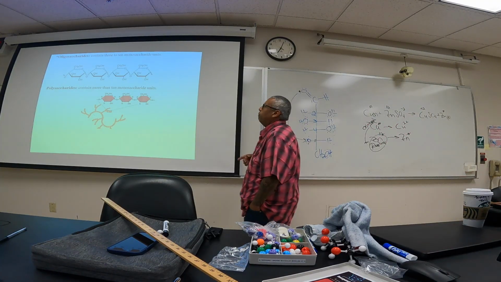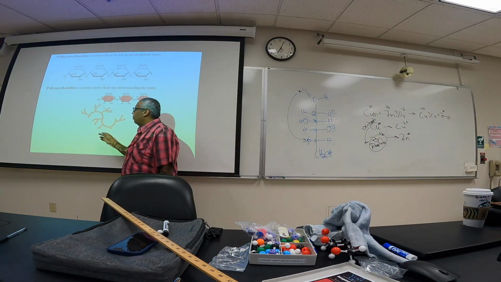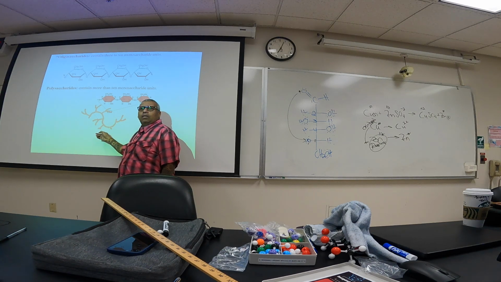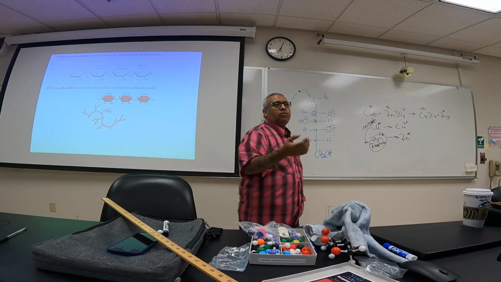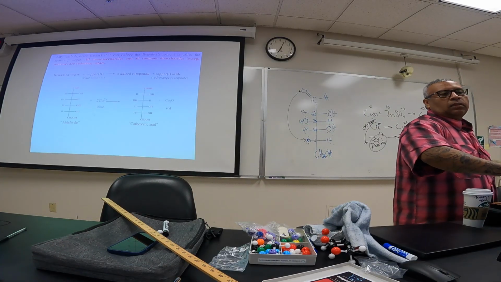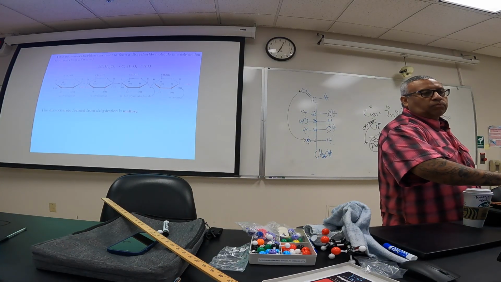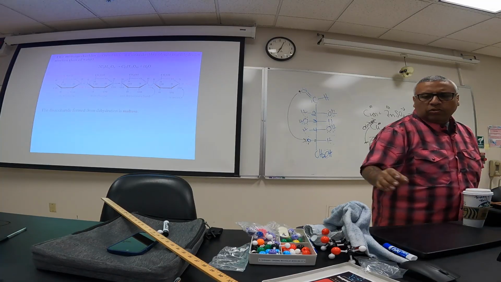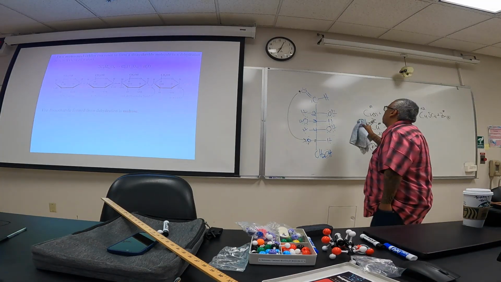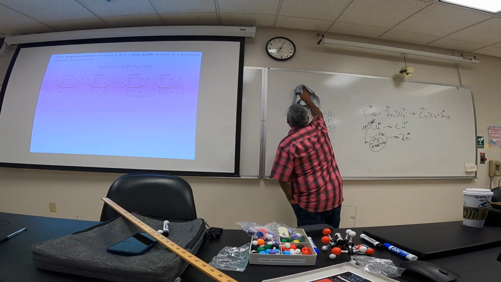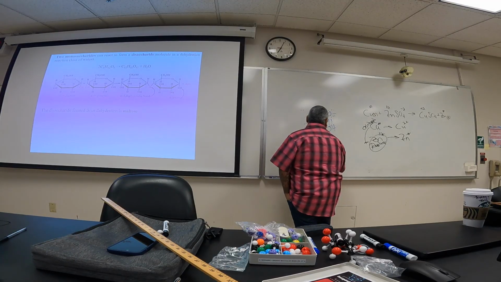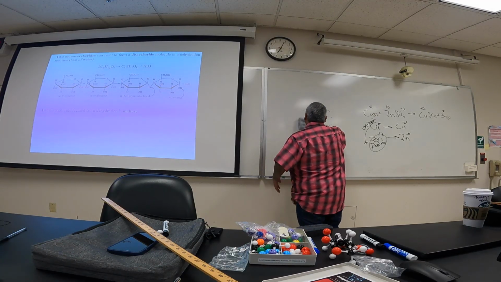So, polysaccharides, can these be oxidized? No, right? Because it's not a common disaccharide, it's not a monosaccharide, so we can't reduce that. So let's take a look at some common ones. We'll get to sucrose, but we first need to understand these common disaccharides.